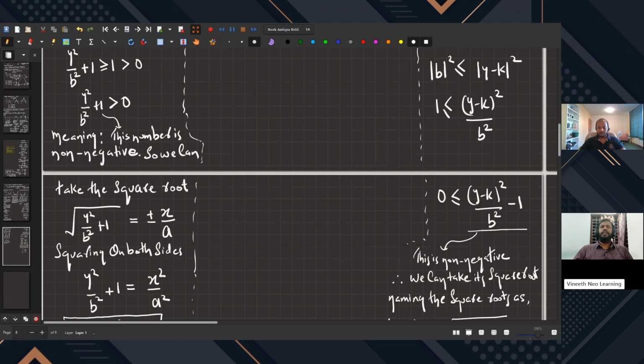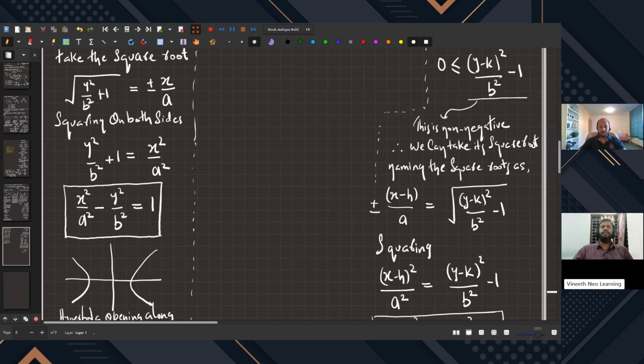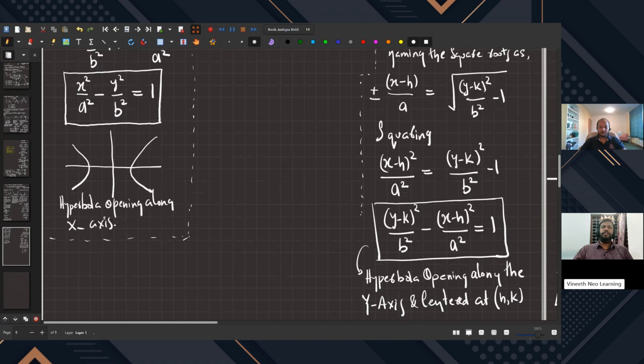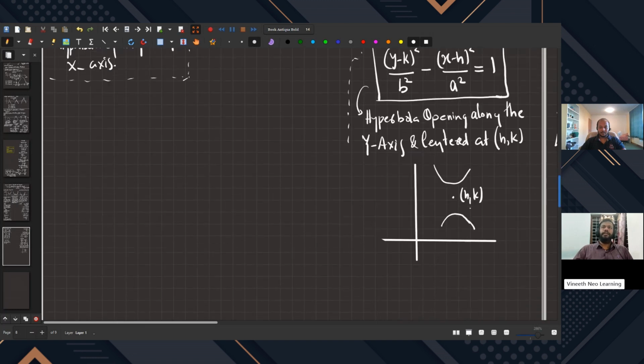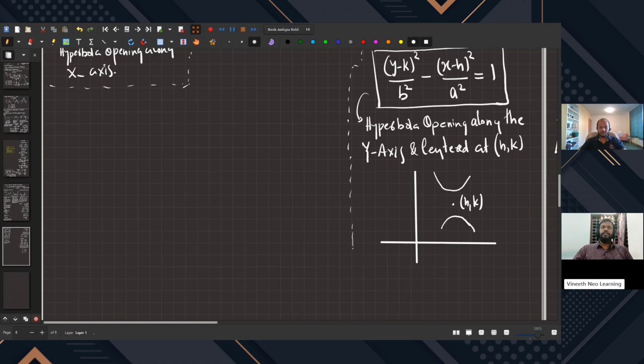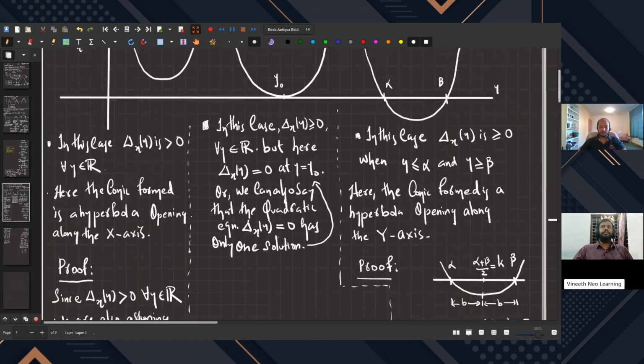I am trying to remember what the equation for the focus of a hyperbola was. I can't quite remember it now. I will look it up and tell you.